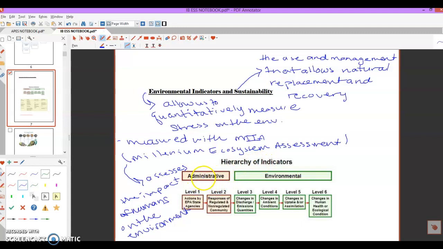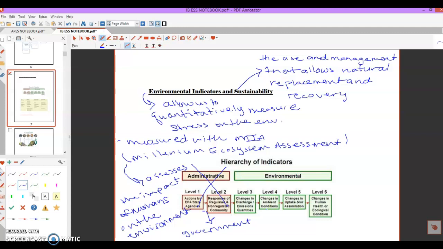So the administrative ones, so the level 1 and 2, we really don't have much of an impact on that because this is going to be at the government level. So very few of us are able to impact that. Now, levels 3, 4, 5, and 6, these are ones that we can directly impact.